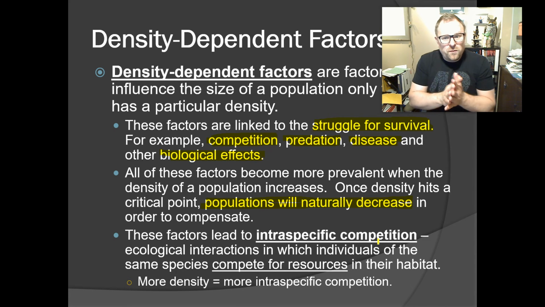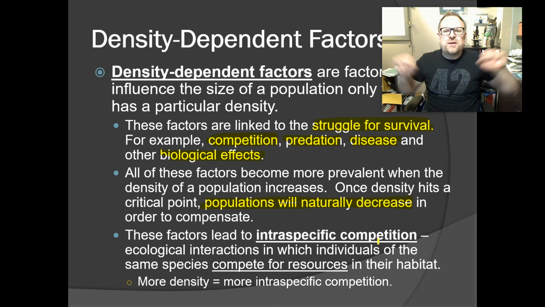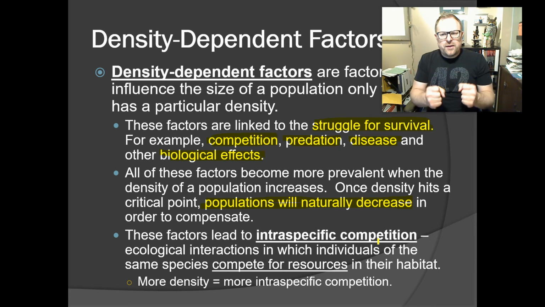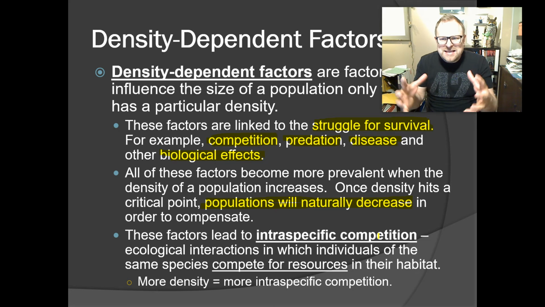Again, this whole COVID thing has me thinking about density dependent factors, and the fact that we've been asked and told to physically distance ourselves from people. And the reason why we're doing that is trying to spread out the density. Because when we get a dense population all together in a spot and one person is infected by COVID, it can spread through that population very, very quickly because of the density, how closely packed we are.